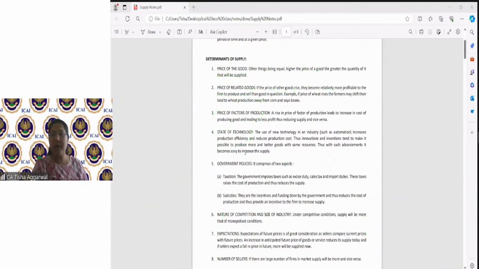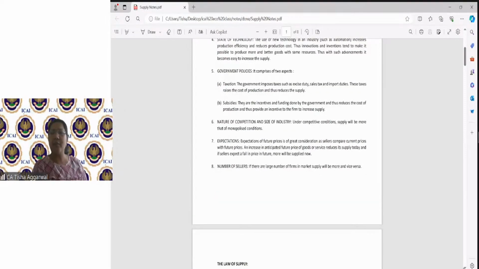Next is government policy. How does government behave in a country? How does government impose things on us? It is either in the form of taxation or in the form of subsidy. So government reacts in two ways: tax and subsidy.